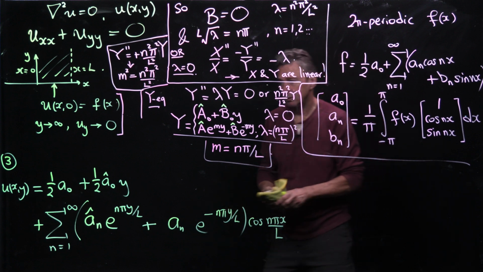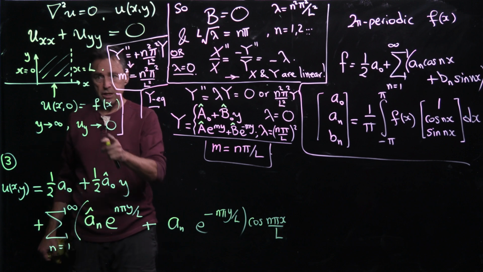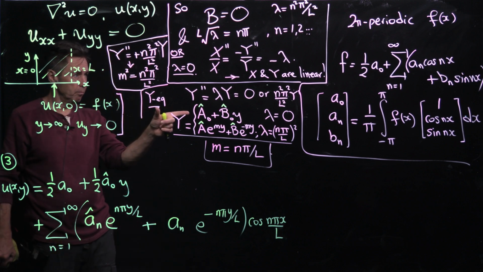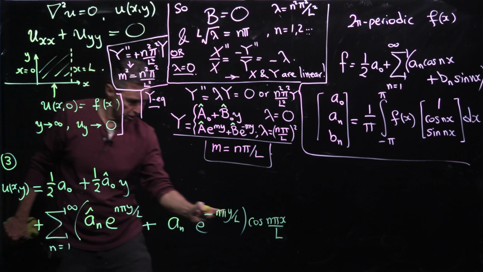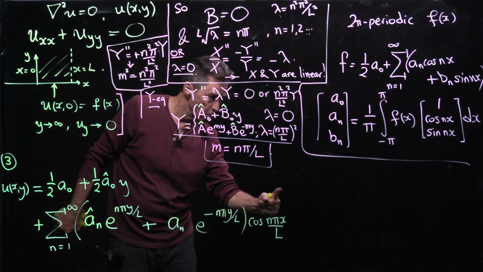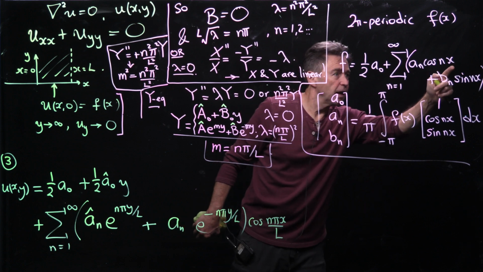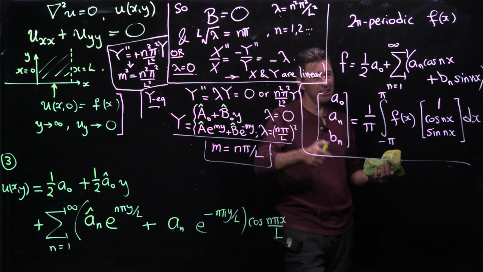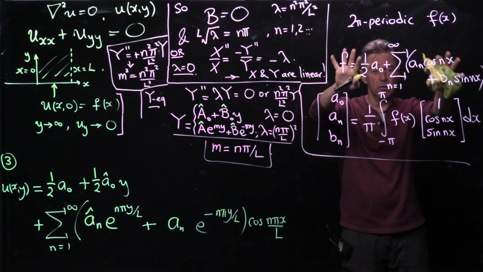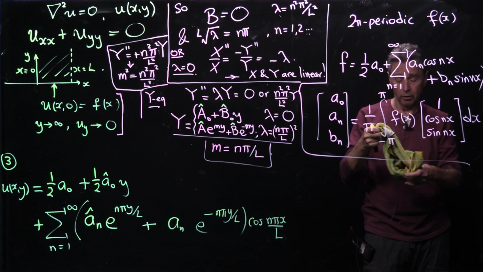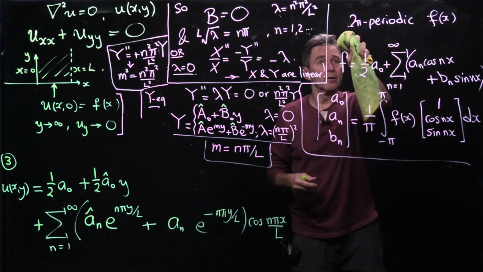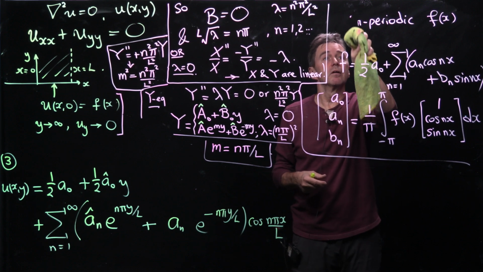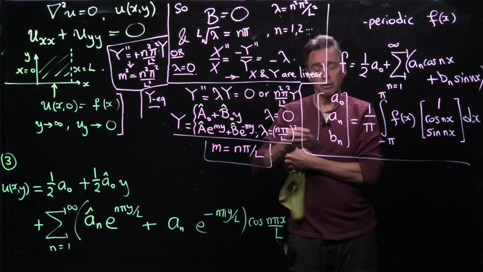There is one slightly awkward point, though, which is the period is not 2 pi. Right, I've got these cosines in here. I don't just have nx. I've got cosine of n pi x on L. And so actually what I should be using is the more general Fourier series for a periodic function with any period. So let me just quickly generalize that.